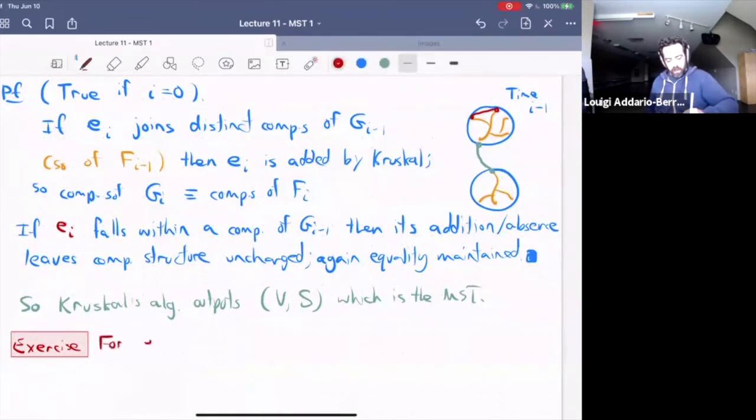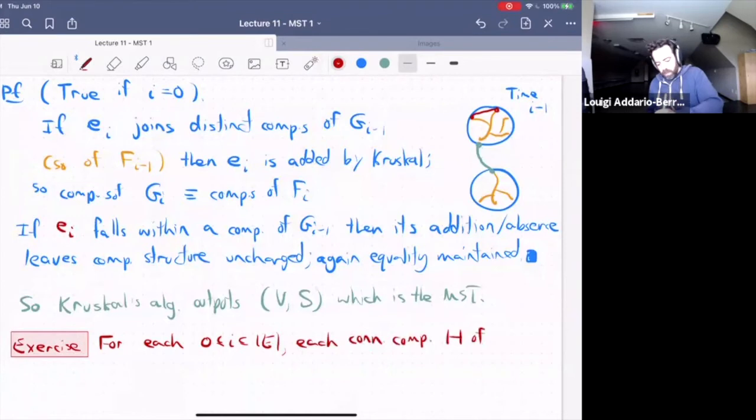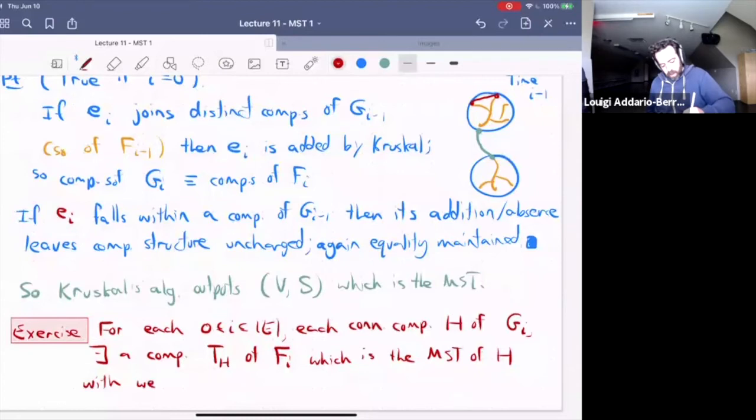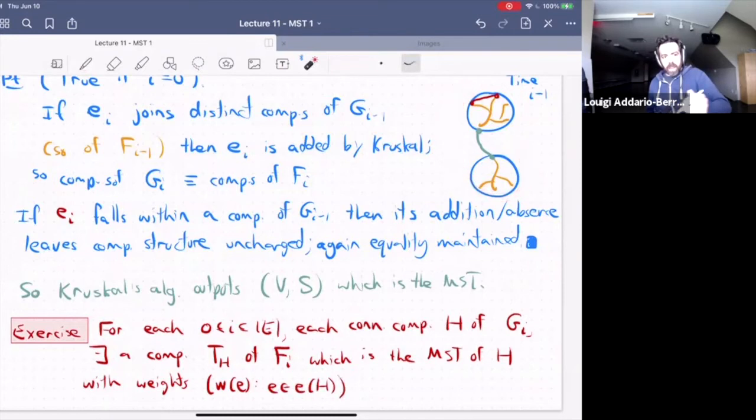Okay, so that is, for each i from 0 to E, and each connected component, we call it H, of G_i, there's a component T_H of F_i, which is the minimum spanning tree of H if you just take the natural set of weights for H, so with weights, the original weights just restricted to H. Okay, so all the spanning trees that Kruskal's builds along the way are also minimum spanning trees.